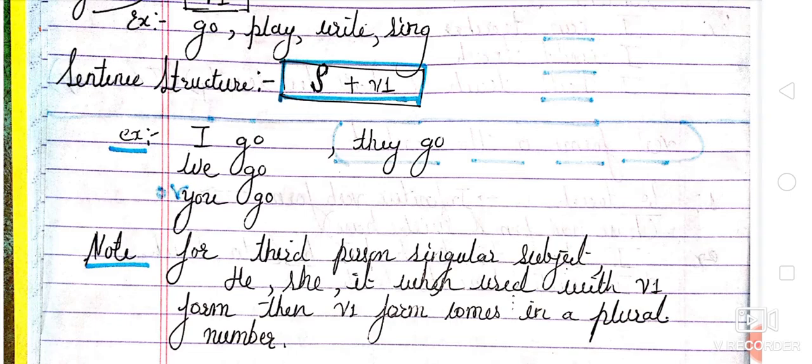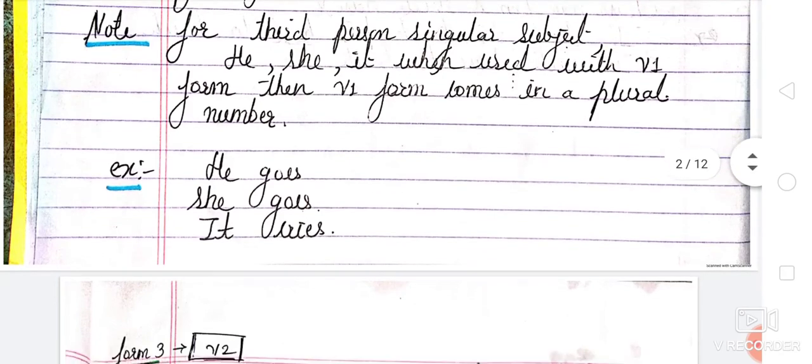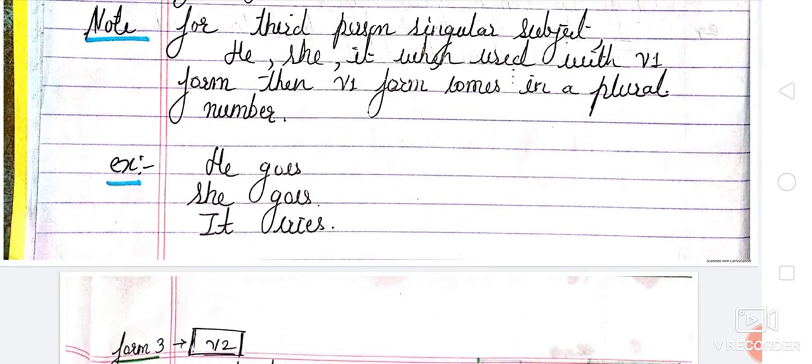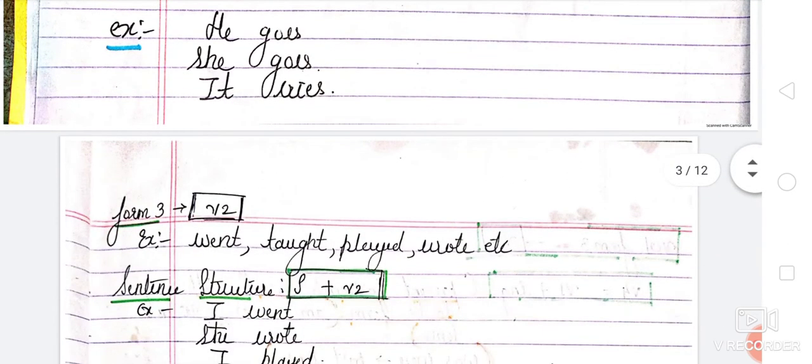Now for the third person singular subject like he, she, it, the V1 form always takes an s. We cannot say he go, she go and it go. We always have to say he goes, she goes, it cries. Clear to you?